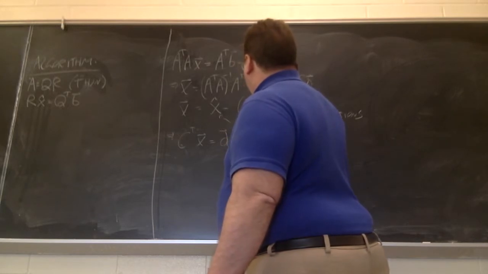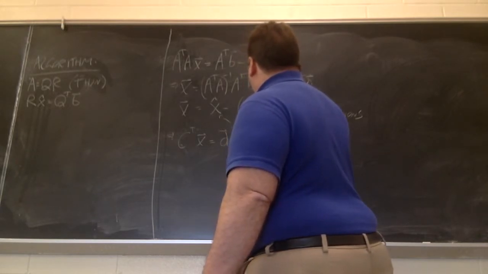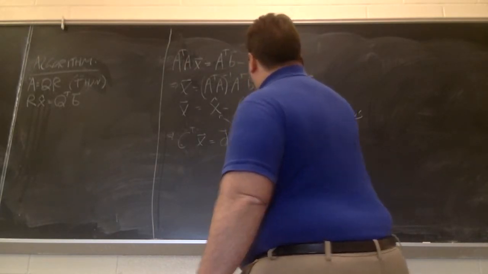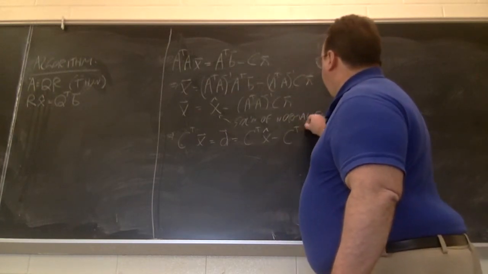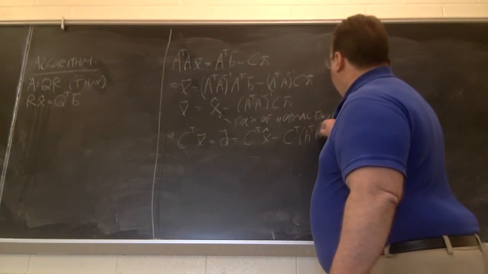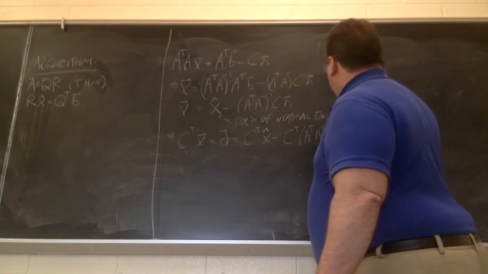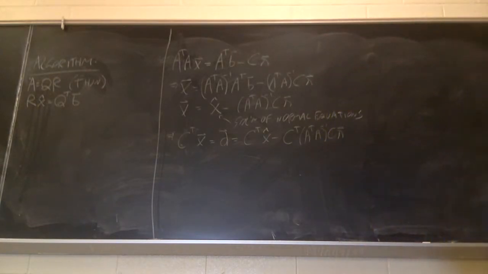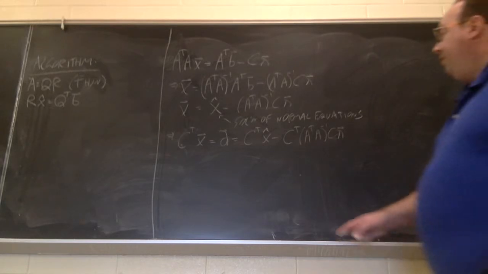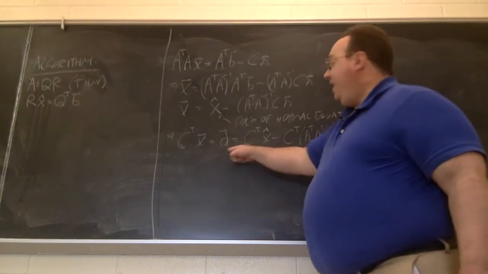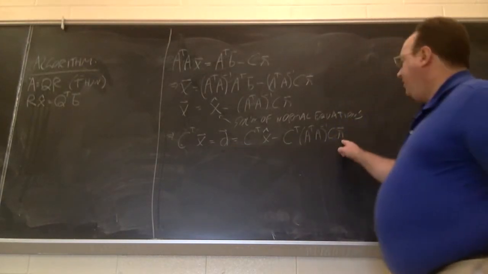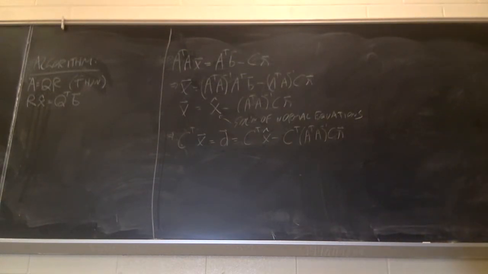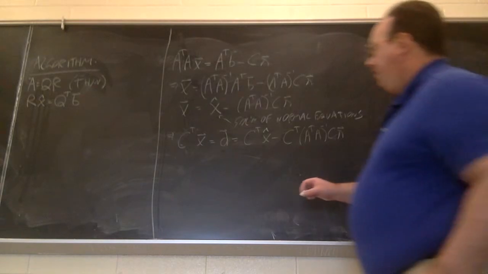And that must be equal to C transpose x hat minus C transpose A inverse C lambda. Okay. So this is known, and this is known. We just don't know this lambda. Okay, but now we have a system of equations for lambda.